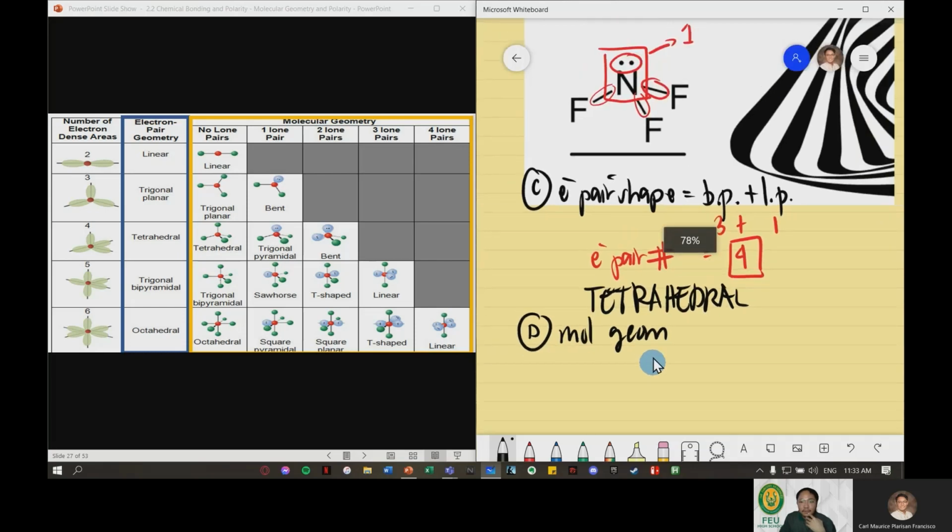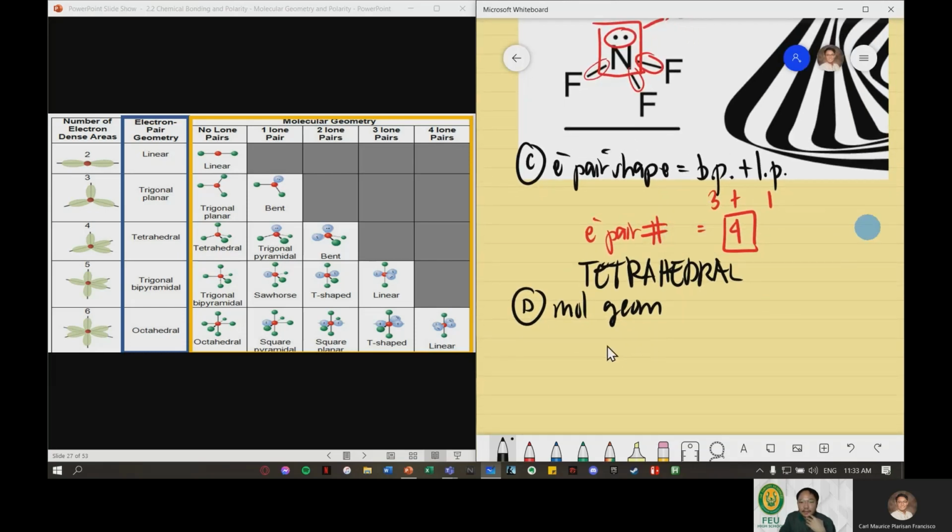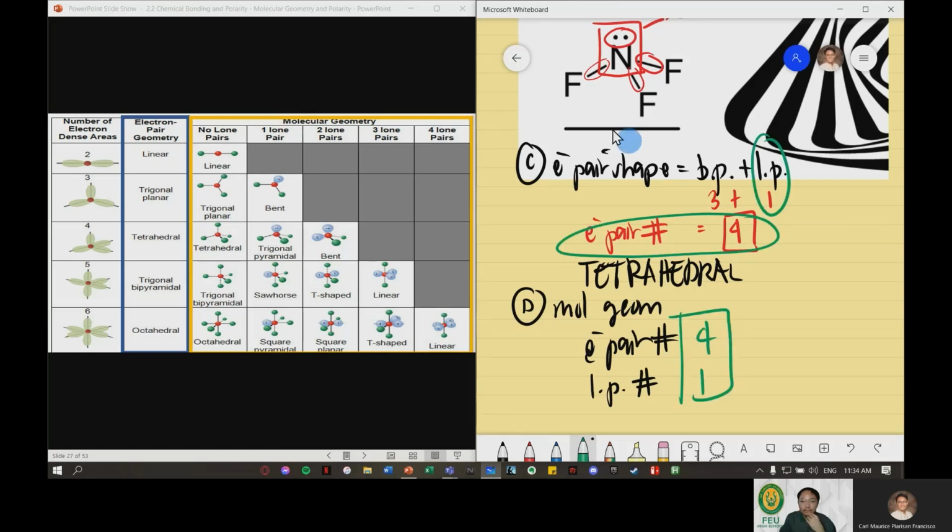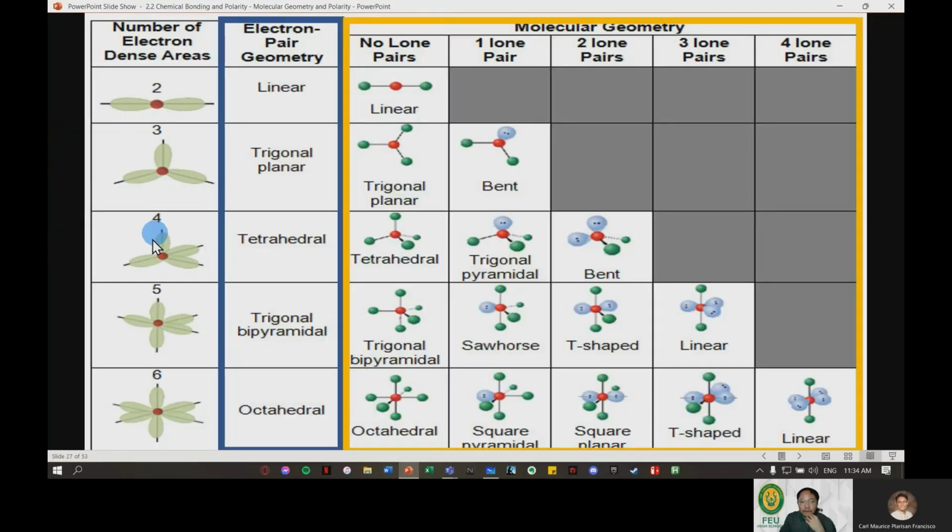Now for letter D, you need to solve for molecular geometry. Now remember, molecular geometry is determined via E pair number and lone pair number. No mathematical equations needed, or rather operation. Just identify it. E pair number is 4, LP number is 1. 4, 1. Okay, so look here. 4, 1 lone pair.